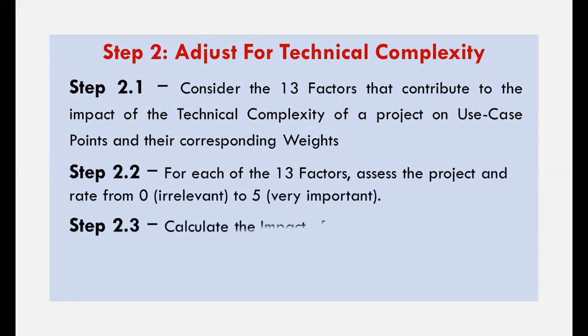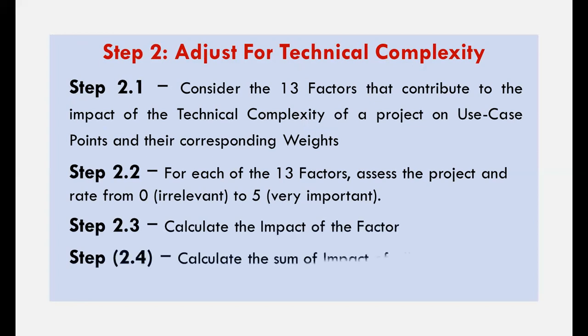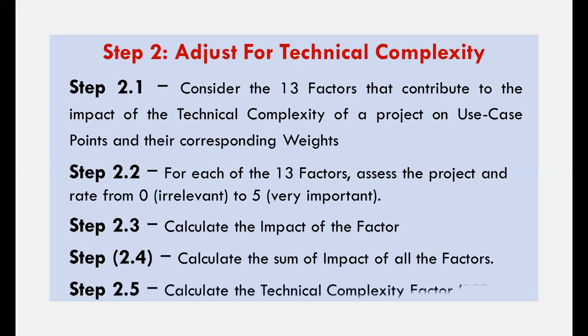In step 2.2, for each of these 13 factors, we need to assess the project and rate from 0 for irrelevant to 5 for very important. In step 2.3, we need to calculate the impact of the factor. In step 2.4, we calculate the sum of the impacts of all the factors. And in step 2.5, we calculate the technical complexity factor, TCF.